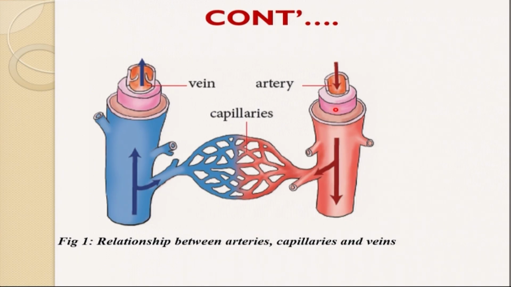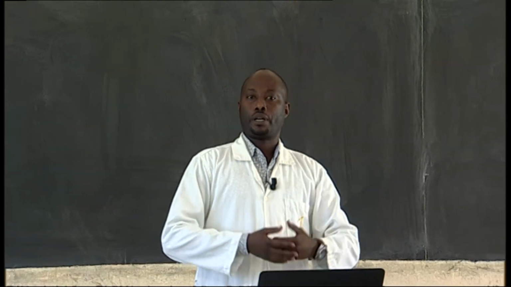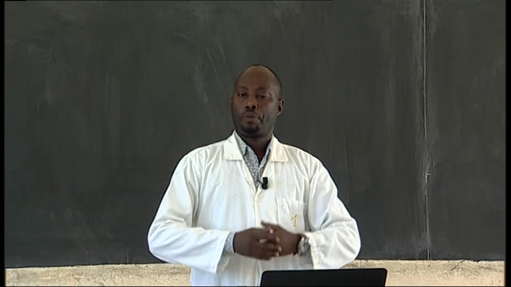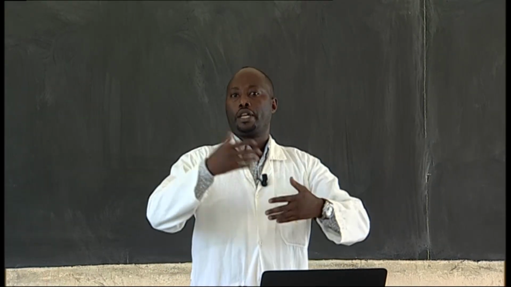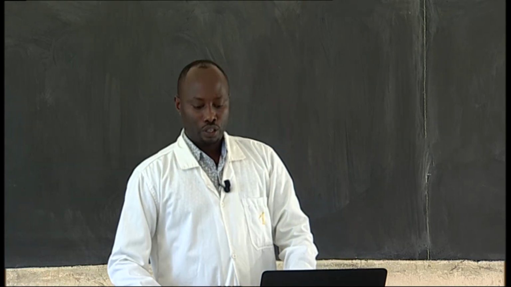So in the middle, these are capillaries. Most of the body is normally supplied by a dense network of blood capillaries, which supplies the body with nutrients plus oxygen, and is also very important in removing the waste products from our body.